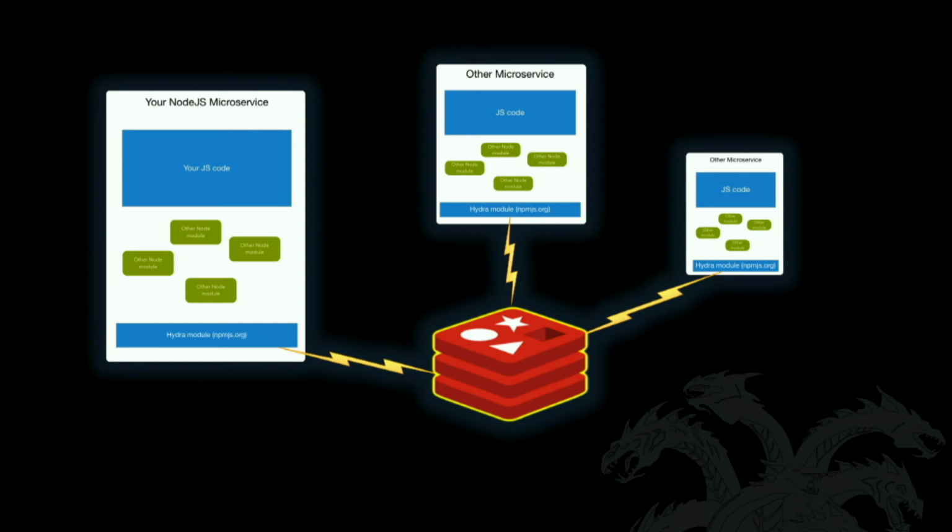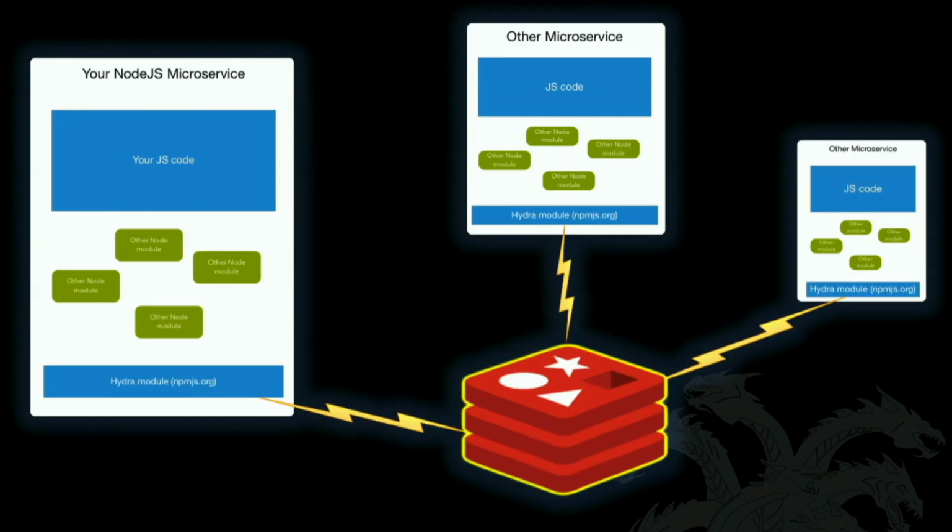Here we see 3 microservices, each with a Hydra module which connects to Redis. In this model, most microservices don't communicate with Redis directly. Rather, the underlying Hydra module proxies to Redis. Another point about this diagram is that Redis is just another module, just like the ones shown in green. Hydra is only shown in blue at the bottom to illustrate its presence and connection to Redis.